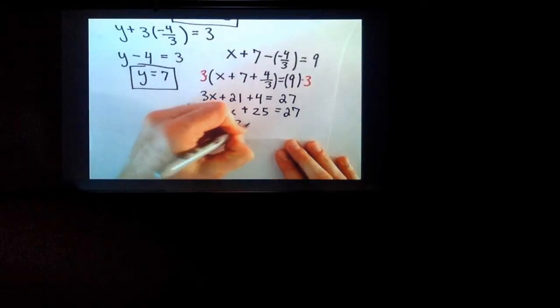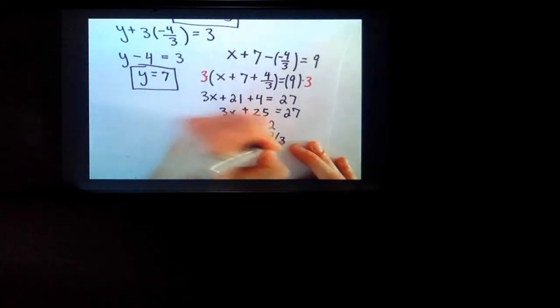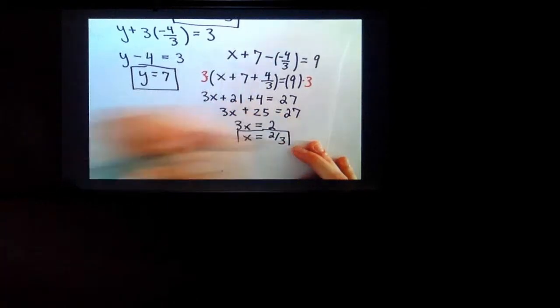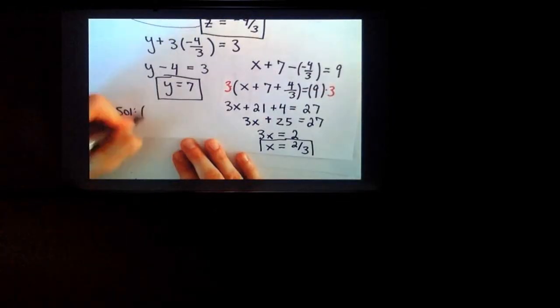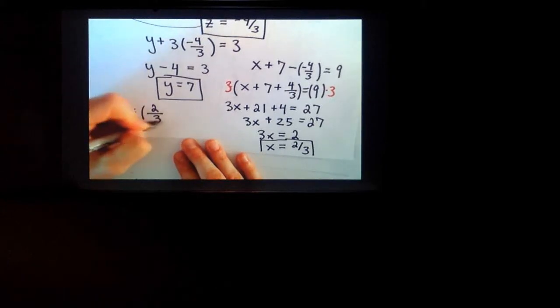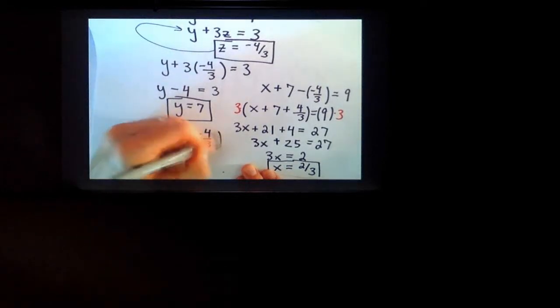And if we subtract 25 from both sides, we'll get 3x equals 2. And if we divide both sides by 3, we'll get that x equals 2/3. So now we've got our solution. The solution to the system of equations would be when x equals 2/3, y equals 7, and z equals negative 4/3.